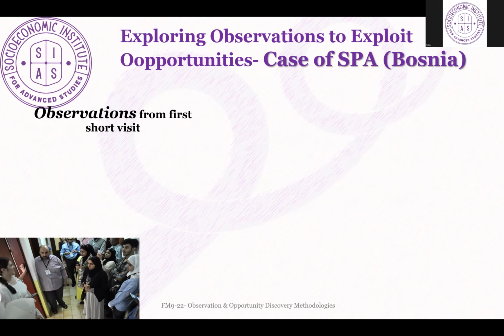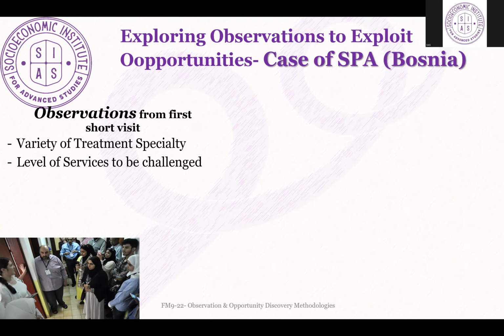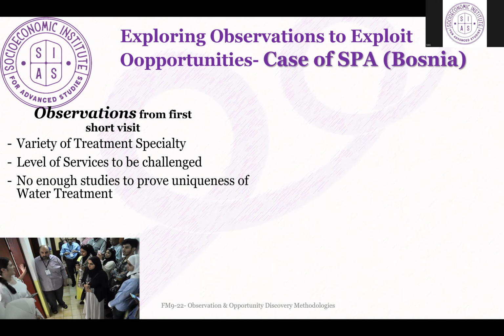In this class, we are going to see, for example, how we visited the spa in Bosnia and first did the observation of the first visit. This spa is using thermal treatment, thermal water, but it also has a variety of treatment specialties. The level of service is good, but not very high quality, as we saw from the facilities.